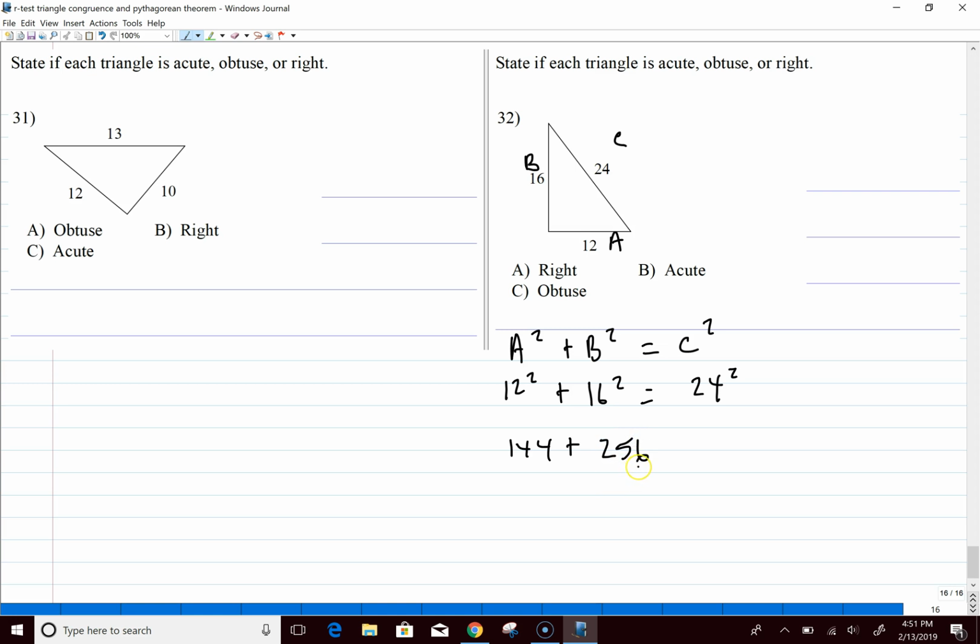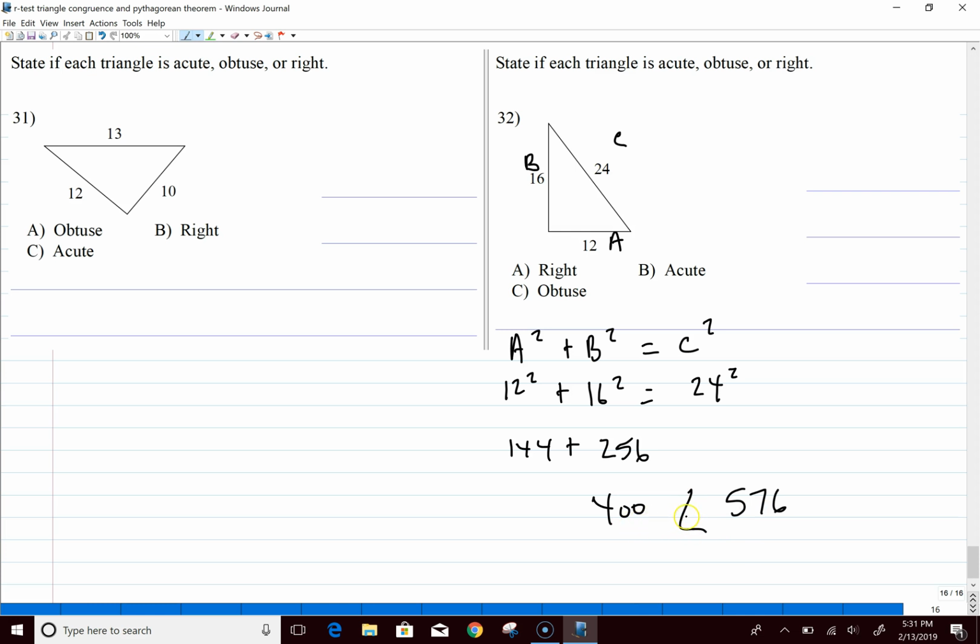If you add 256 plus 144, we're going to get 400. Now compare it to 24 squared. 24 squared is 576. So we compare the two numbers, 400 and 576.